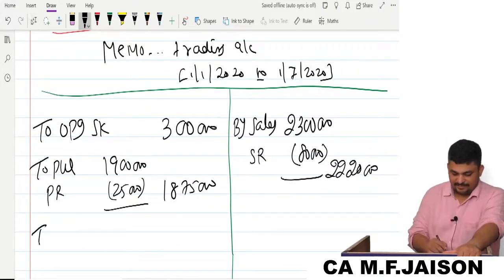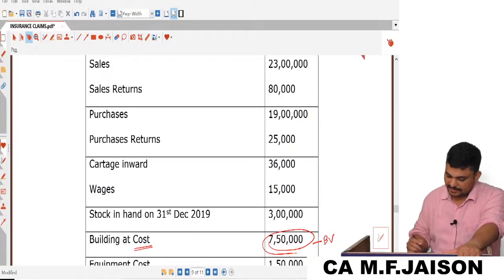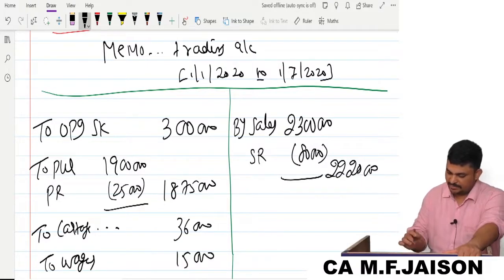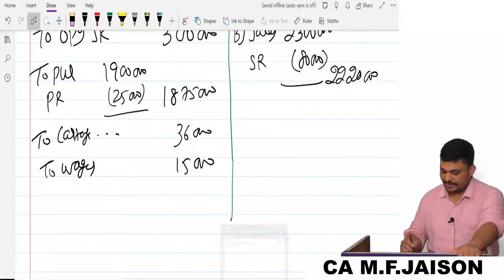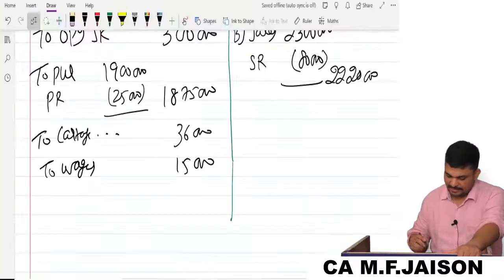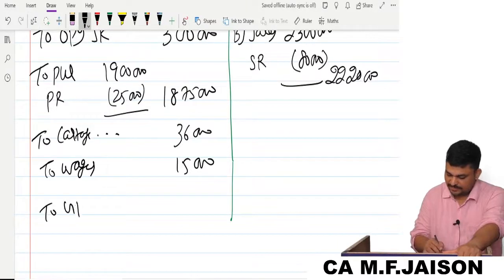So we have various direct expenses here: the cartage inward, wages if anything. So cartage inward 36,000, wages 15,000. I think we have taken all those relevant items there. So we can take gross profit: 22 lakh 20,000 into what was the percentage? 25%.